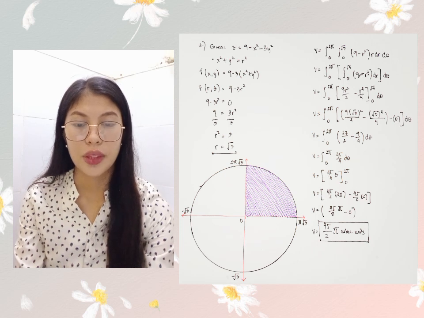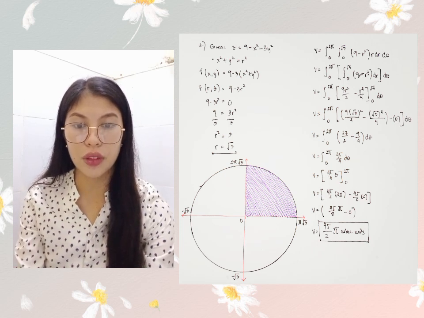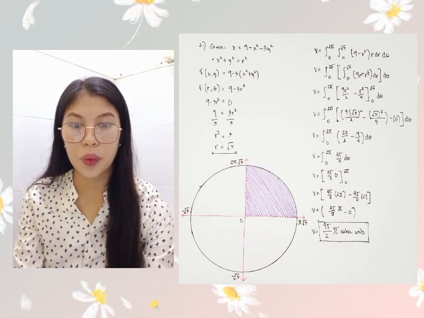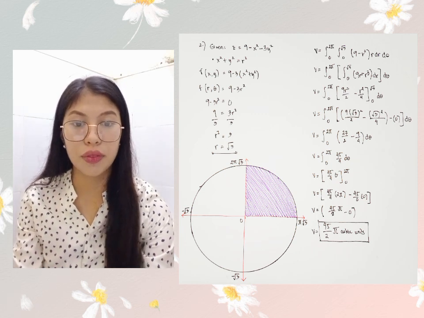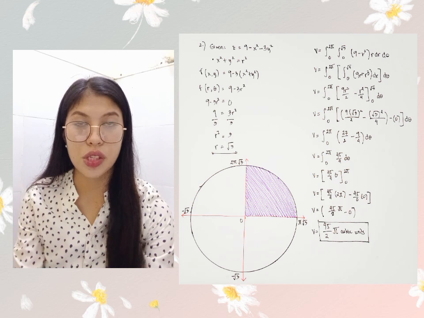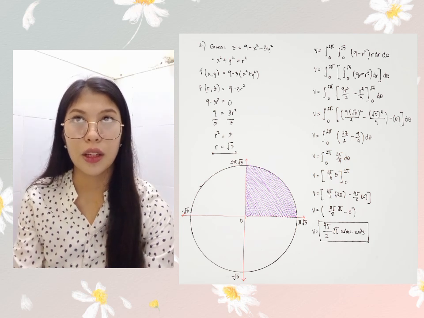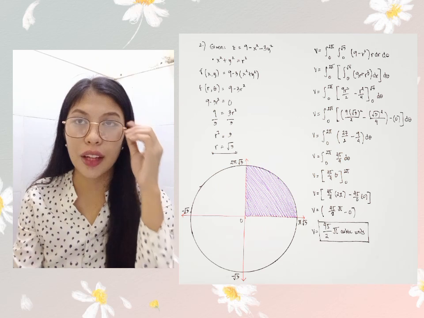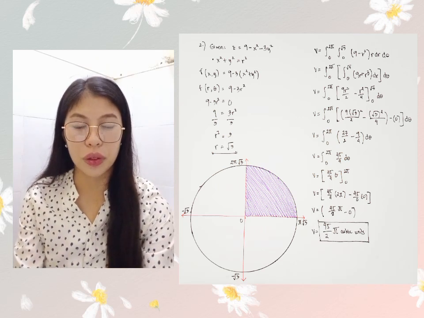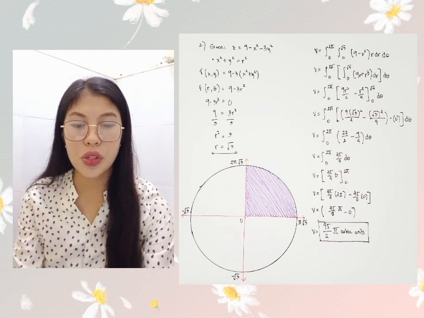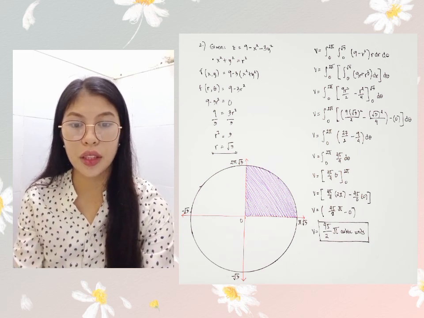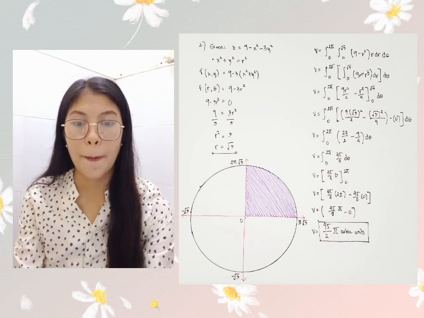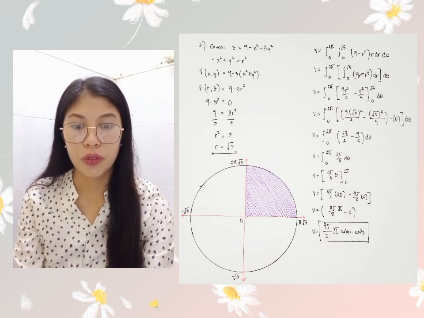So we have the values for the square root of 3: 9 times the square root of 3 squared over 2 minus 3 times the square root of 3 to the power of 4 over 4, minus 0, since we all know that when we multiply any value by 0, it will result in 0. So we now have the result for our first integration, 27 over 2 minus 9 over 4. So that is 45 over 4.